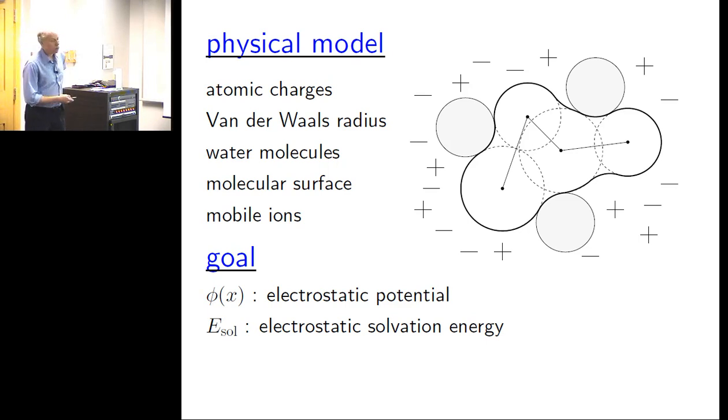And of course, this is one particular model. There's quite a bit of, I would say, debate about what the proper model for this interface region should be. But this is an implicit solvent model, which has the advantages of efficiency in comparison with explicit solvent.